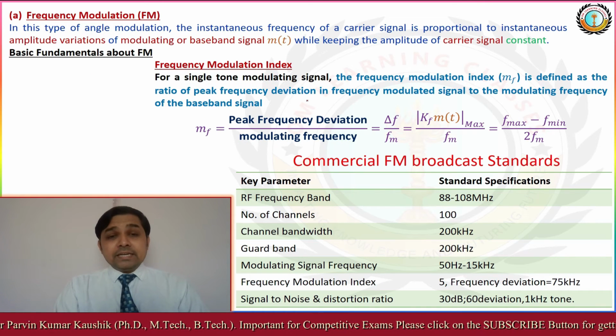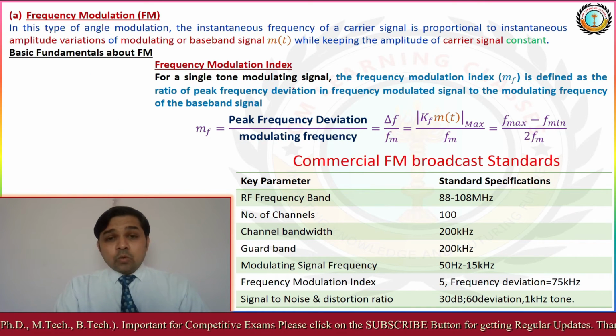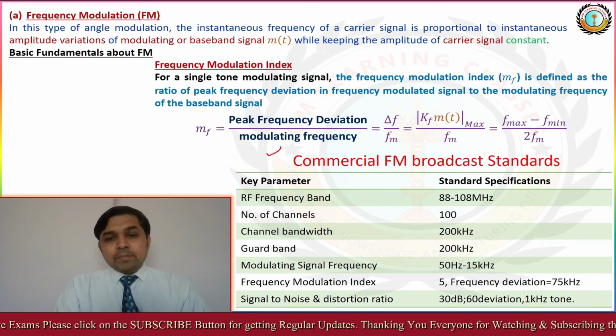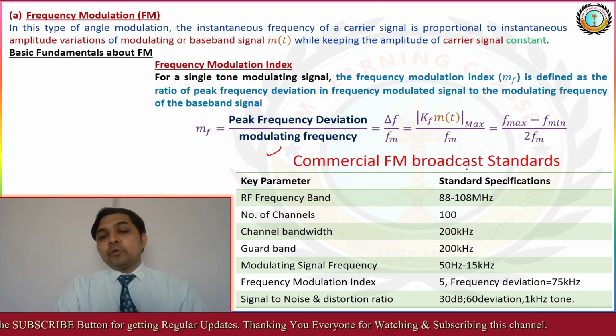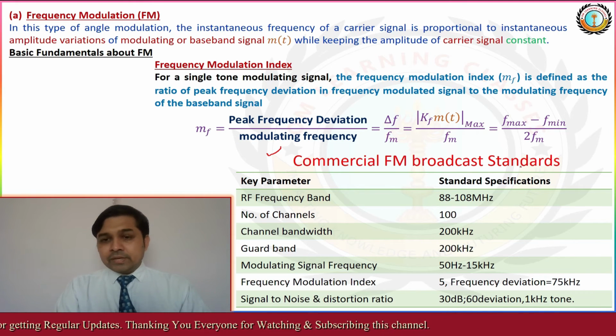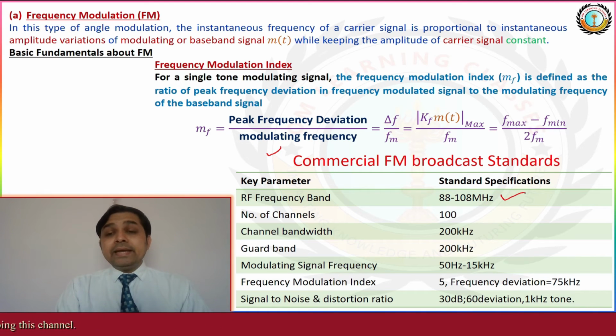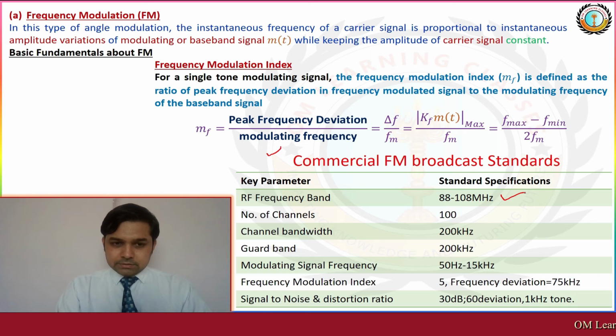After that, for the frequency modulation index, we have a practical example considering the commercial FM broadcast standards. For the FM broadcast standard, the band is 88 to 108 megahertz.